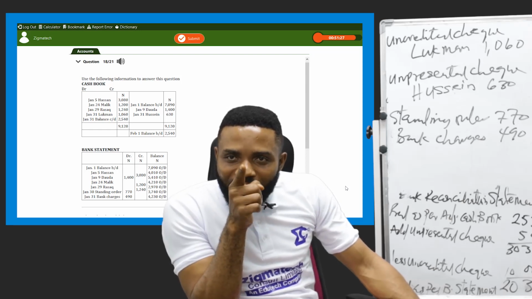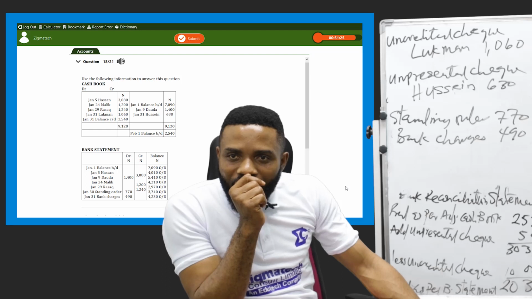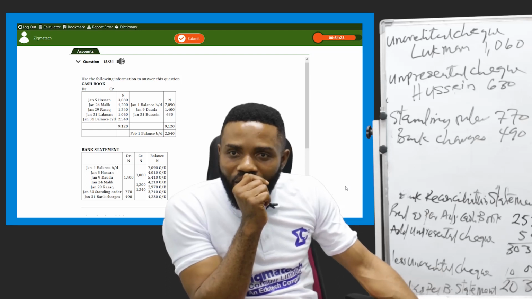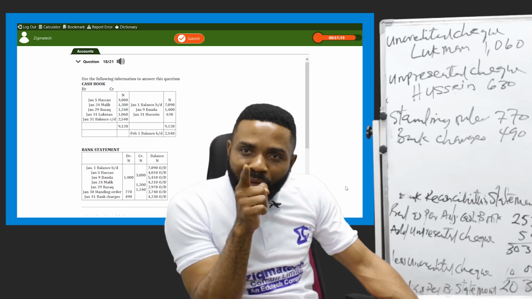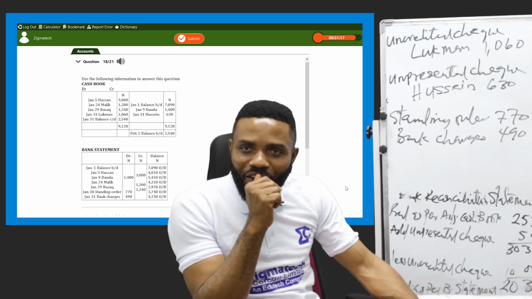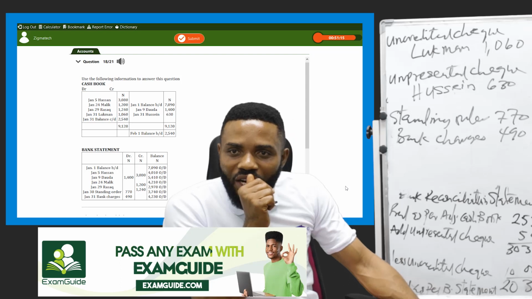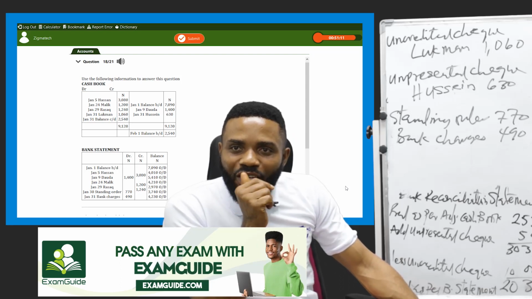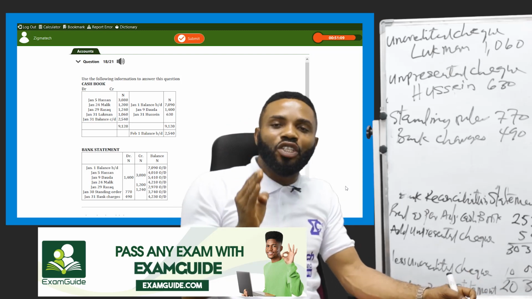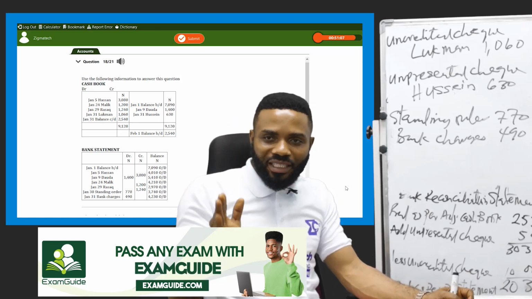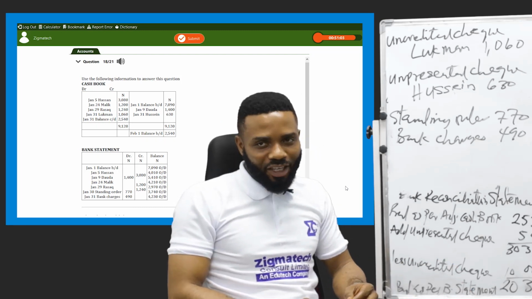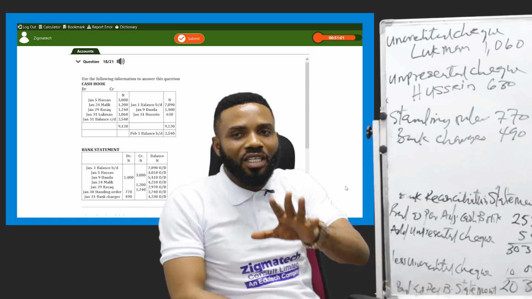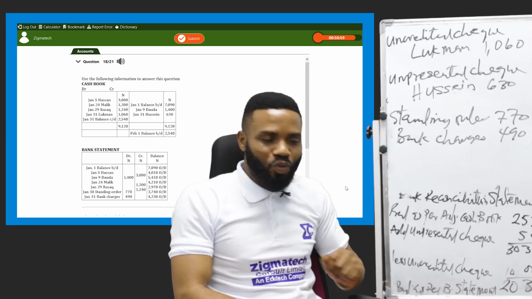Check the debit side. You can see 3080. I am seeing 1,200 on the debit side of the cash book. I'm seeing 1,240. So every transaction on the credit side of the bank statement is represented on the debit side of the cash book. We have succeeded in extracting the transactions we need.